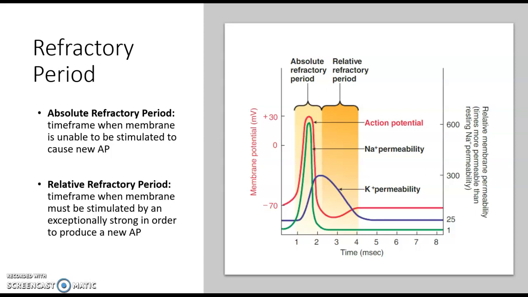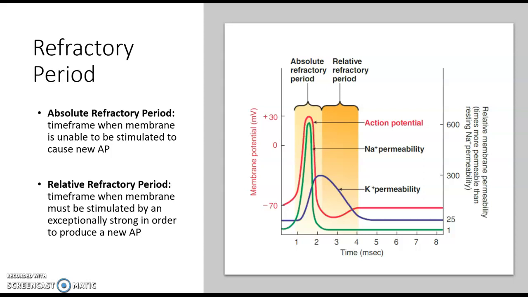The relative refractory period is that time frame when the membrane might be able to be stimulated if there's an exceptionally strong stimulus that is trying to move a nerve impulse forward.